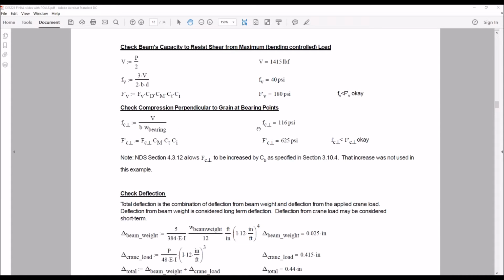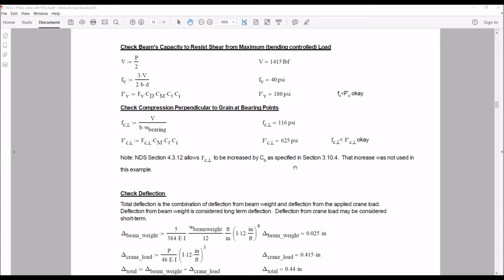So for this beam, that just calculates out to 116 psi of demand. Our capacity, we calculate using those same adjustment factors that we were familiar with and the reference value from the NDS supplement, the F sub C perp value. We get an adjusted capacity of 625 psi, so we are okay.